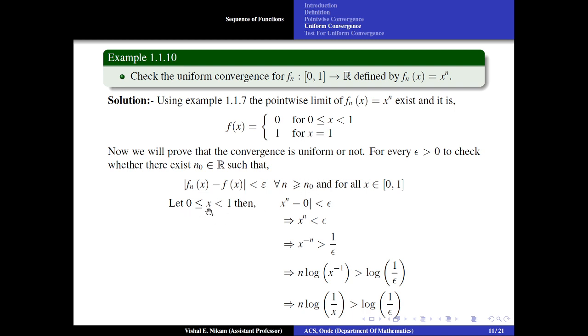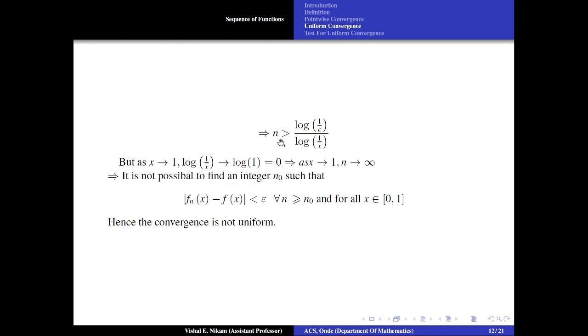Let x lie in the interval closed 0, open 1. Consider the modulus of x to the power n minus 0, which is strictly less than epsilon. This implies that x to the power n is less than epsilon. Taking reciprocal, we get x to the power minus n is greater than 1 by epsilon. This implies that n into log of x to the power minus 1 is greater than log 1 by epsilon, that is, n log 1 by x is greater than log 1 by epsilon. Hence, we get n is greater than log 1 by epsilon upon log 1 by x.